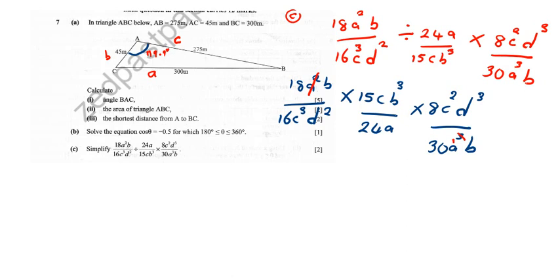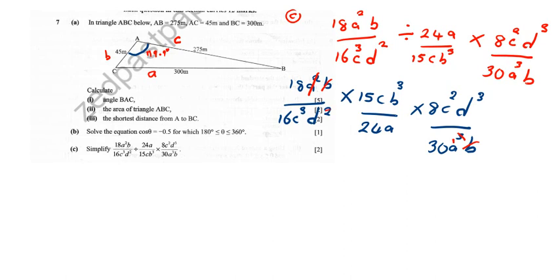We come to b. So here we have b to the power 3. Here down we just have 1 b. So meaning this b, which is b1, and that b will go. So for b we are done. We go to d. So d down here we have d squared, and on top we have d cubed.